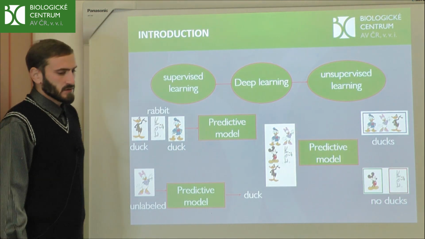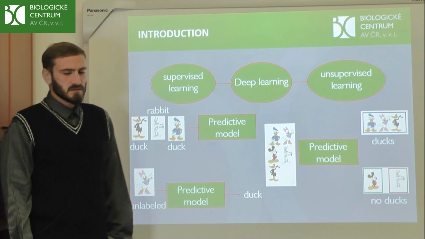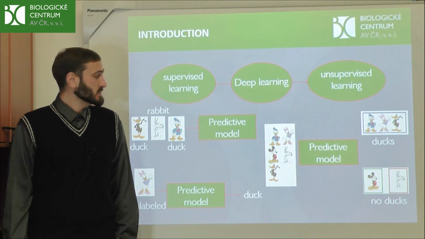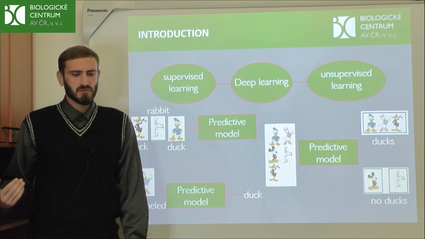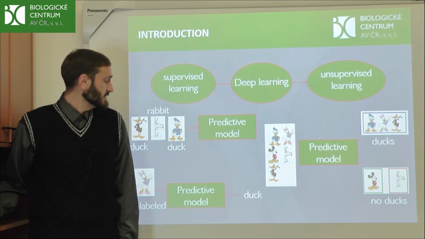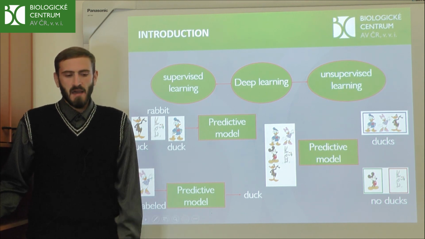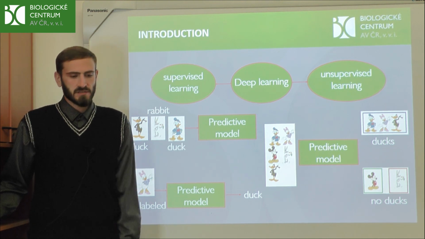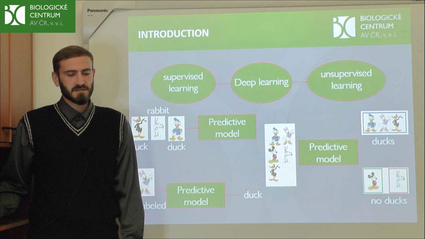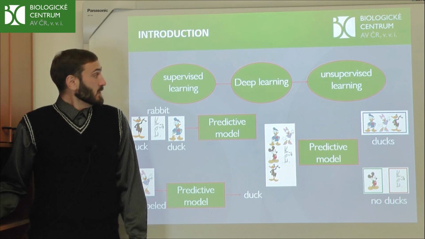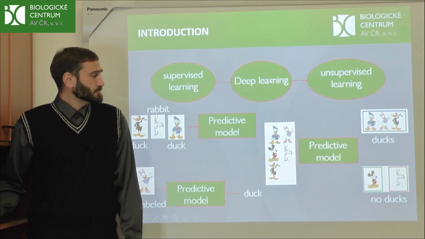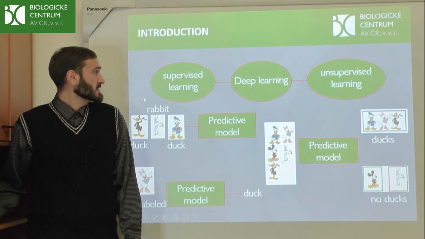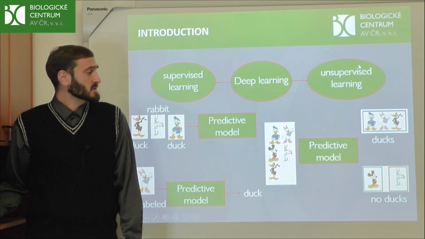So in general, a deep learning method involves a process whose purpose is to gain experience from samples and to actually perform this task. Deep learning can be divided into two categories: the first is supervised learning and the second is unsupervised learning.